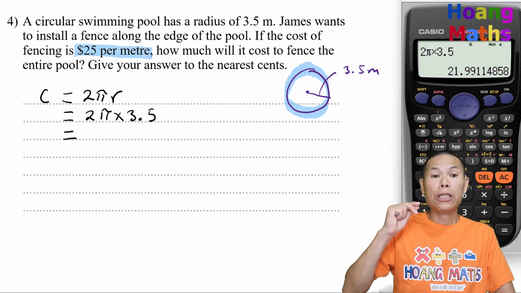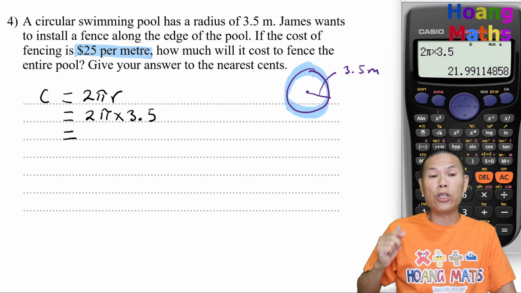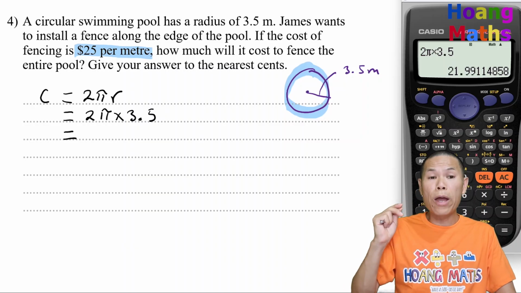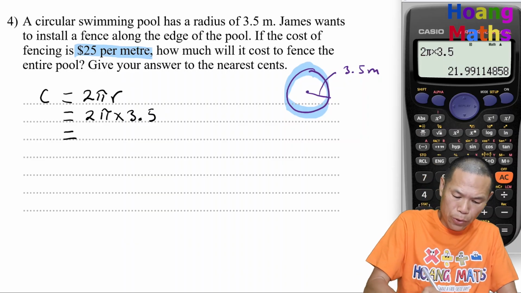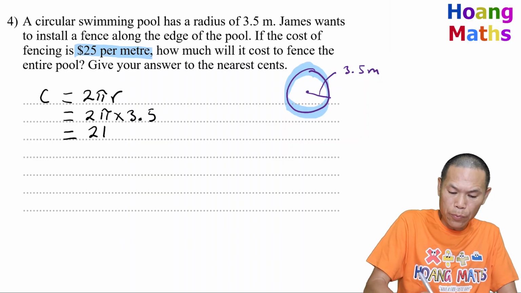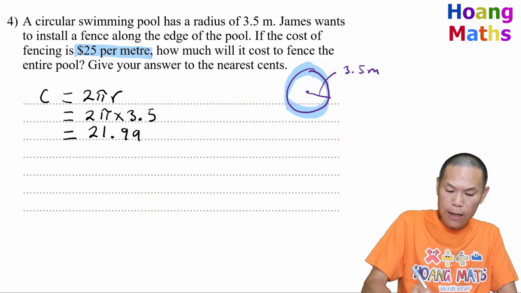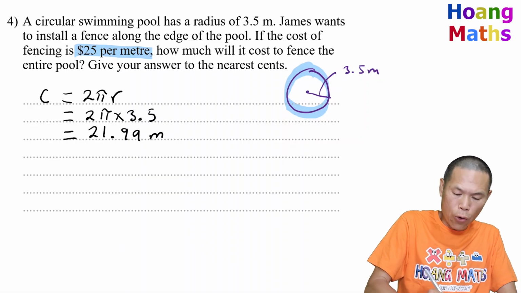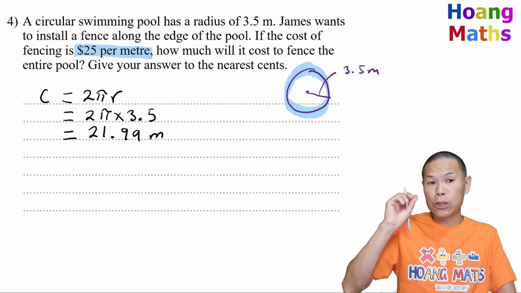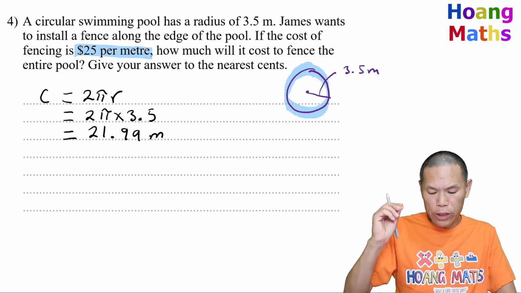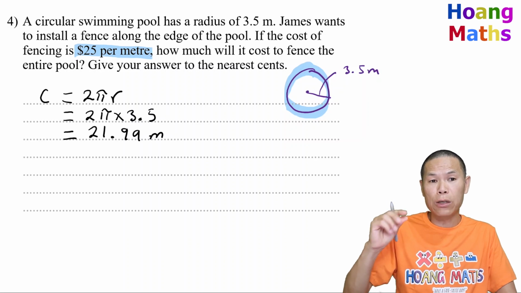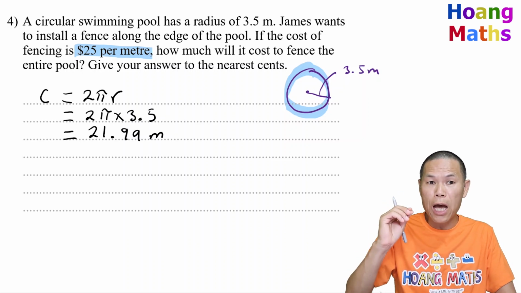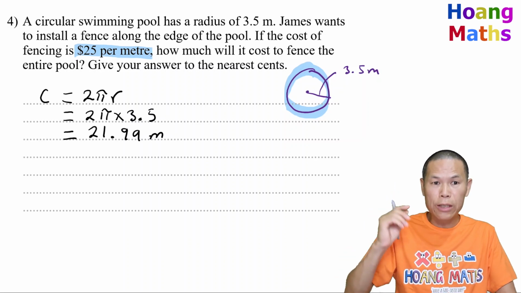Let me just try correct to 2 decimal places first. 21.99, that will do. So 21.99 meters. Therefore, 1 meter is $25. So we just go 21.99 times 25.